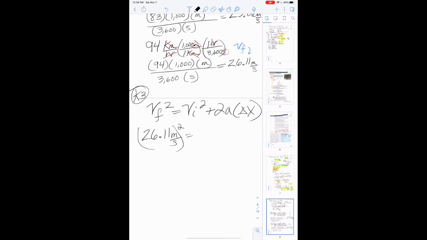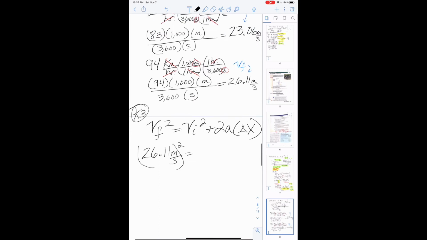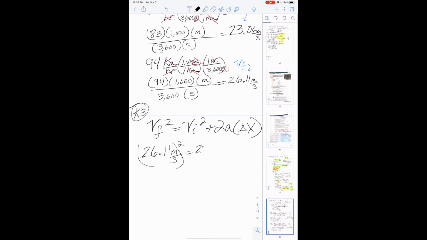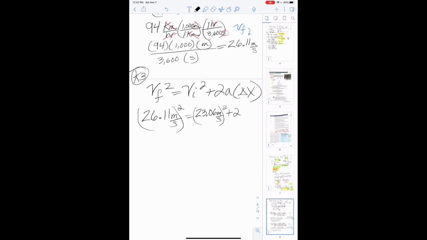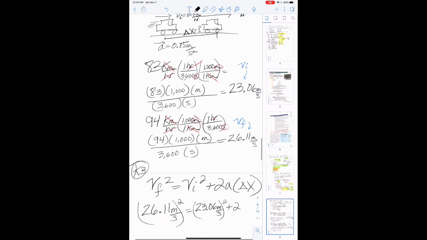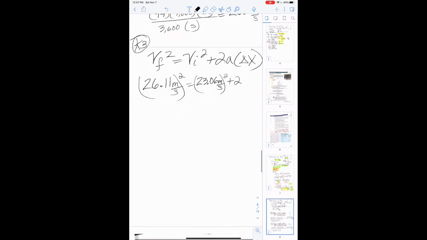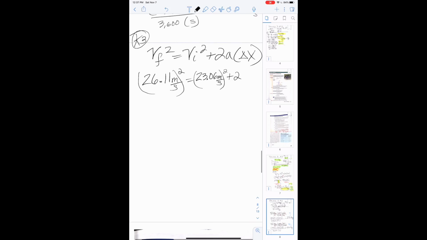Square it. VI is 23.06. Acceleration, ooh, and I'm running out of room, dang it. I think it was 0.85, yeah, 0.85. And we're solving for delta x.